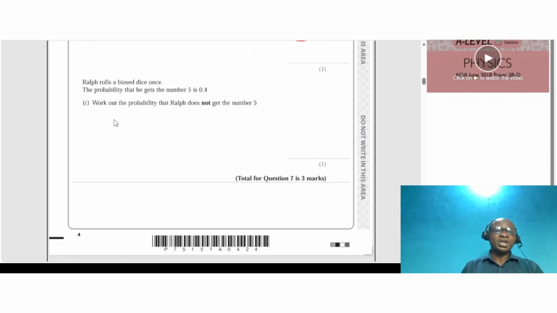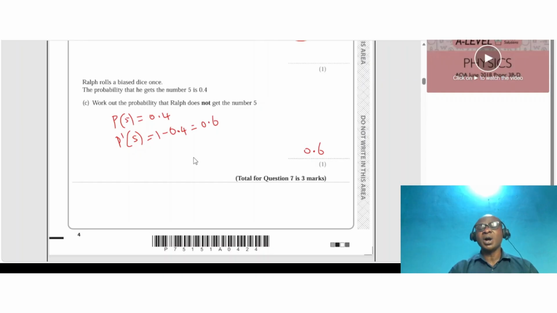If the probability of getting the number 5 is given to us as 0.4, the probability of getting a number that is not 5 will now be 1 minus the probability of getting a 5. Okay, so we subtract it. And when we subtract, that should give us 0.6. So that should be the correct answer. You subtract from 1 because 1 is the sum of all probabilities. Is that okay?